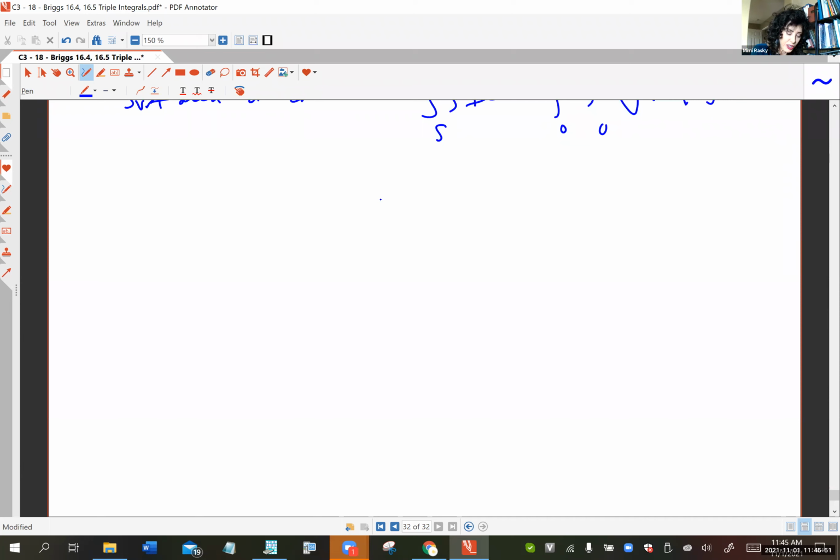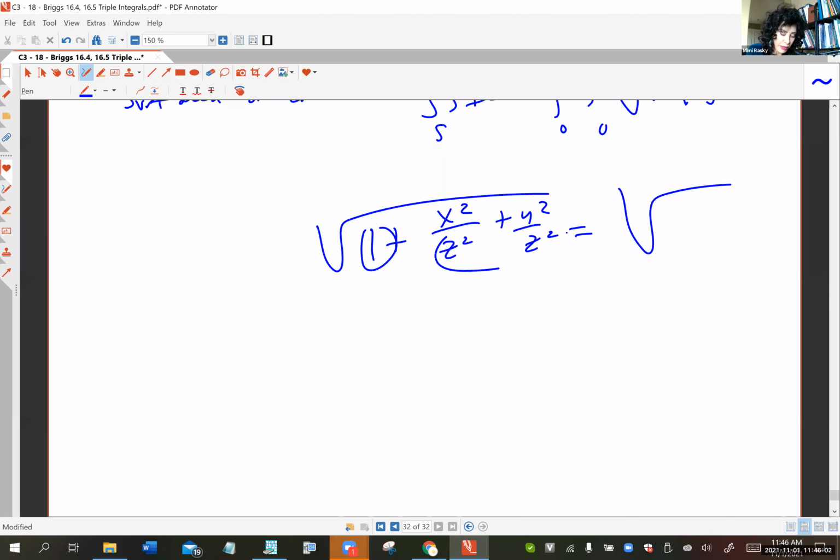But remember, z is square root of x squared plus y squared. So if you tried to clean up the radical, what's going to happen? And then rewrite this. And remember, this z squared is just x squared plus y squared.